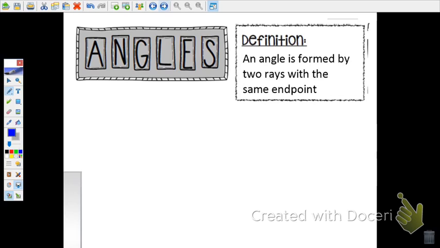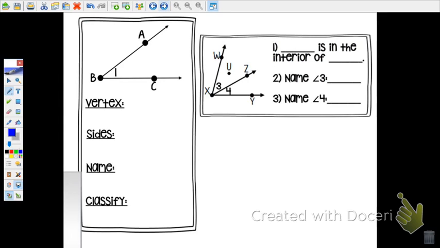Two rays with the same endpoint are going to form that angle. So underneath the word angle, we are going to identify those points in.